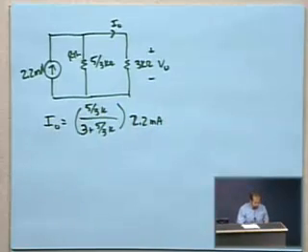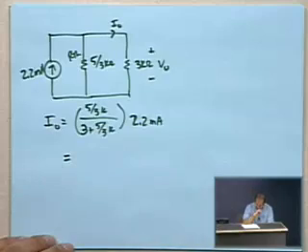All right, so 5/3 divided by 3 plus 5/3 times 2.2 milliamps. Let's see if that makes a nice fraction.